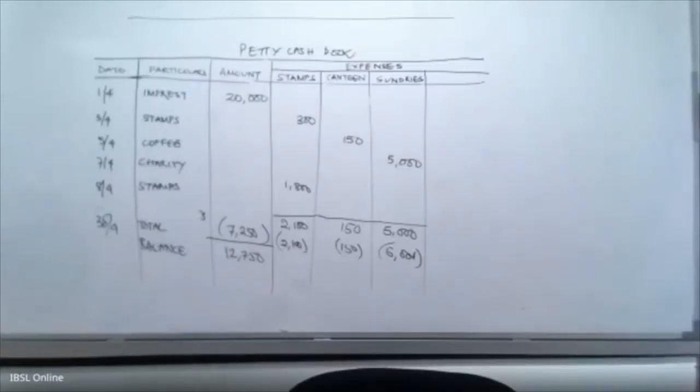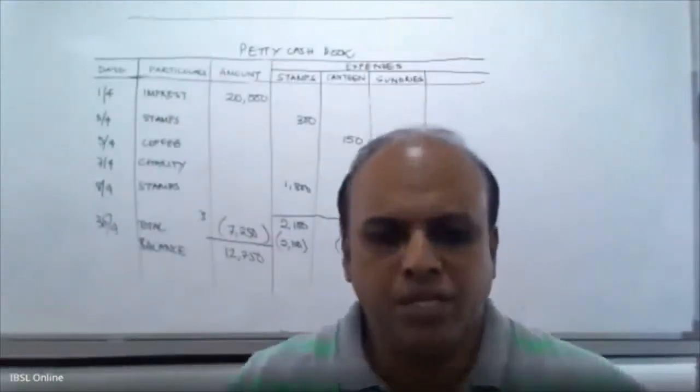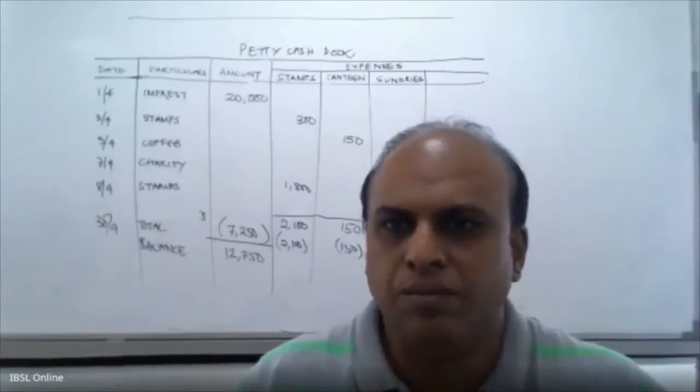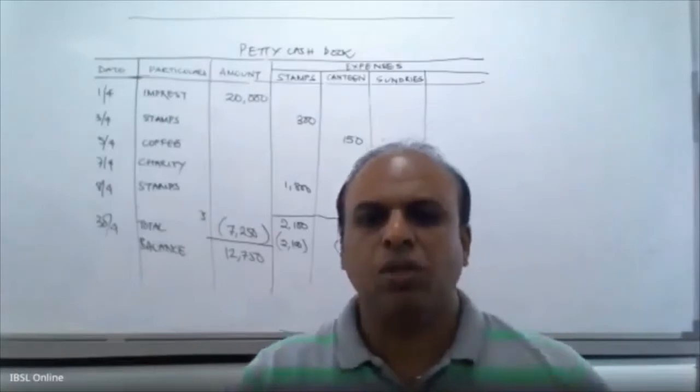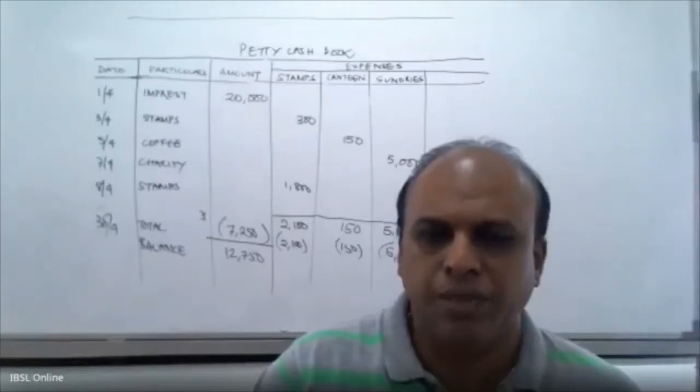So I think we have reached 10 o'clock. So let us stop here. And if you have any questions, you may send them. Have it ready for next week, we will discuss that. And also, please try to complete the homework that I told you before we start the new section.